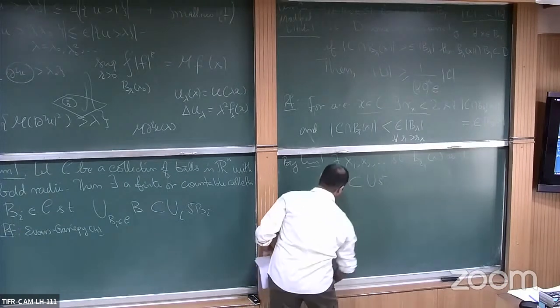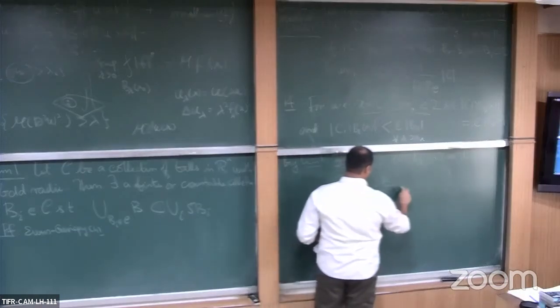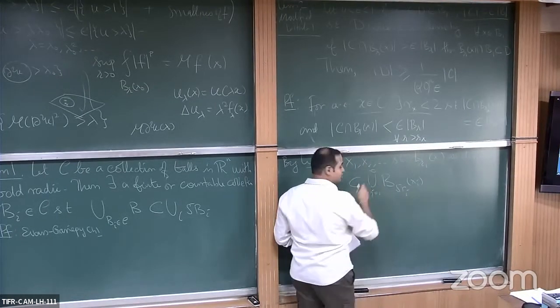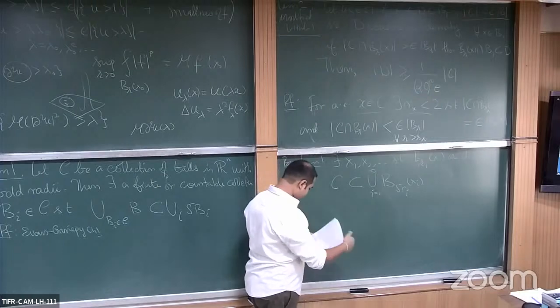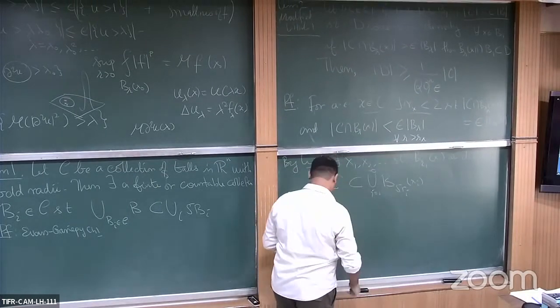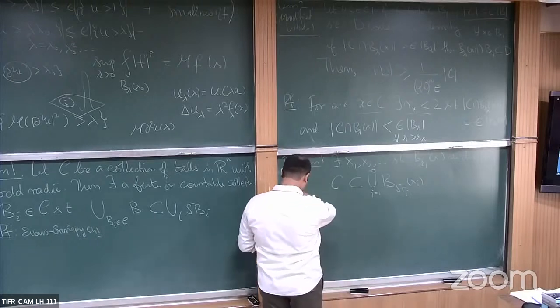So 5 I'll just put in the radius, B_5. I'm just applying that. And you see, you need 5 here, right? Because there is a compactness argument.